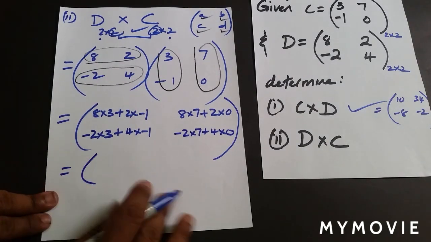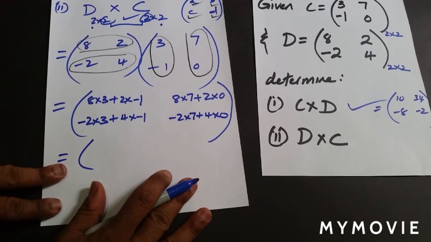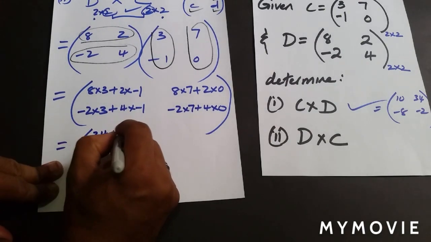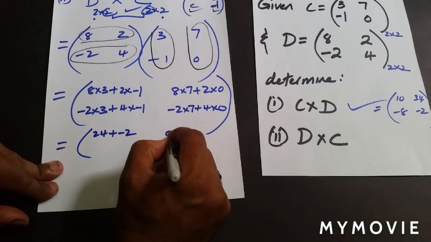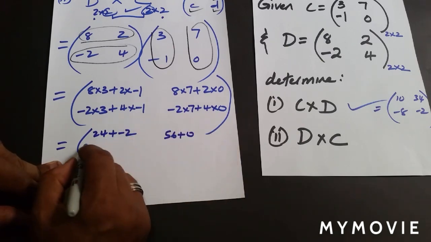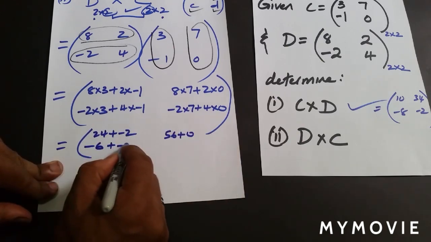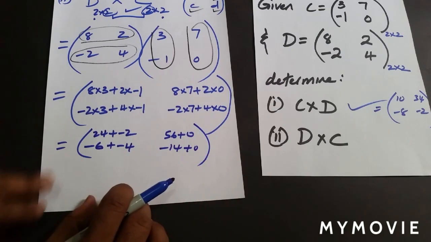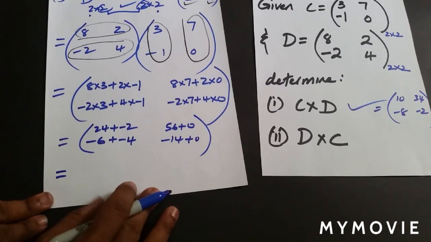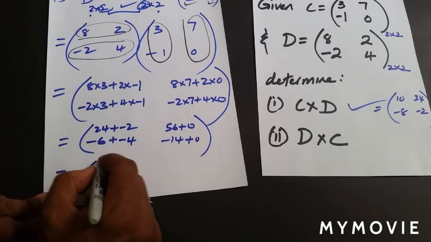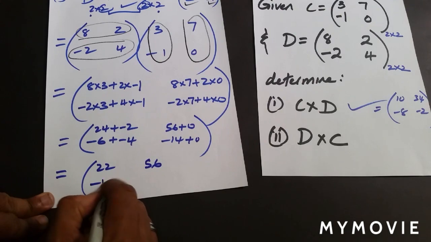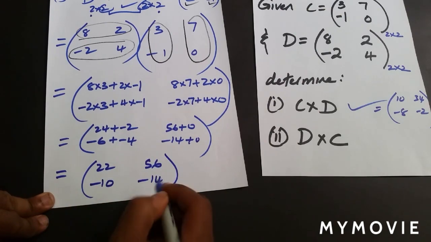This is going to give us 24 plus negative 2, 56 plus 0, minus 6 plus minus 4, minus 14 plus 0. To give us a final answer of 24 minus 2 is 22, and that's 56, that's minus 10, and that's minus 14.